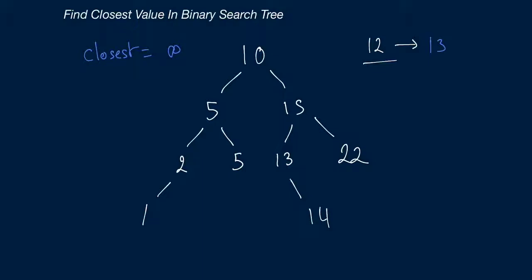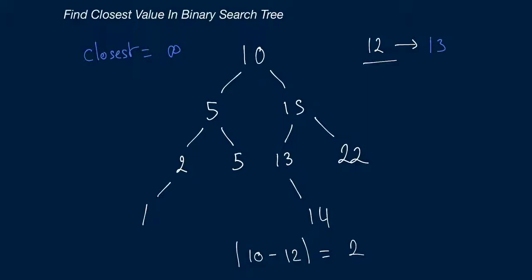So here we compute the absolute value of 10 minus 12, which is going to be equal to 2. And why do we do that? Well, we want to see, is this absolute difference between 10, our current value, and 12, our target value, smaller than the absolute difference between our closest node and our target node?